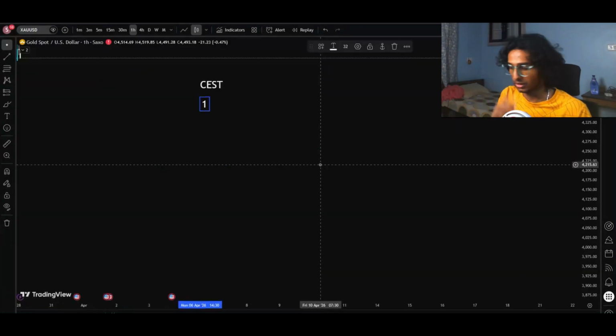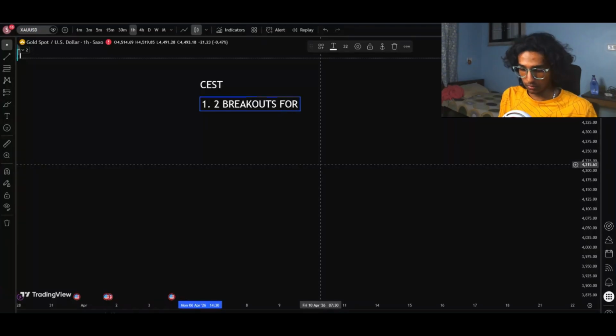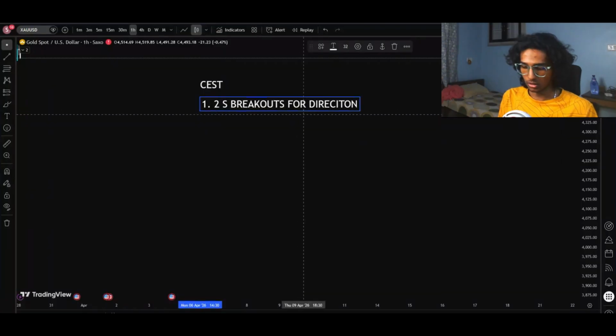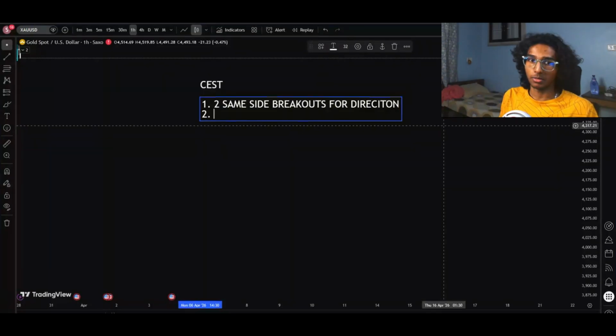Okay, first is direction. We go with the direction, so we need two same side breakouts for direction. Second, refine the zone or precise the zone.